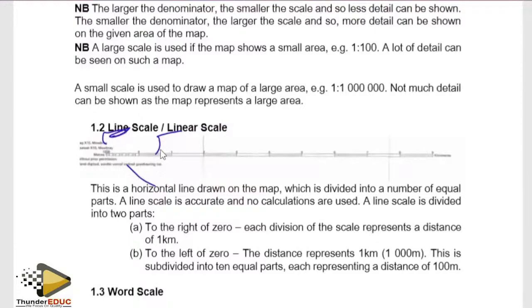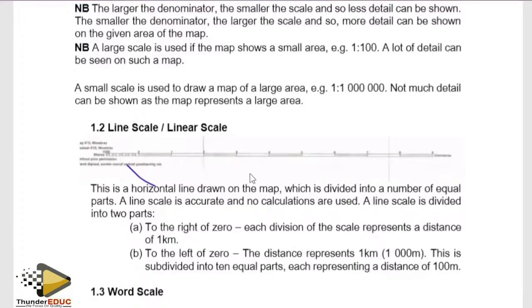Can you see that, learners? It goes from 0 to 9, this section here. Here it is indicated meters, and here it is indicated kilometers. What you must understand is that from 0 going this way is kilometers, and from 0 going the other side is meters.